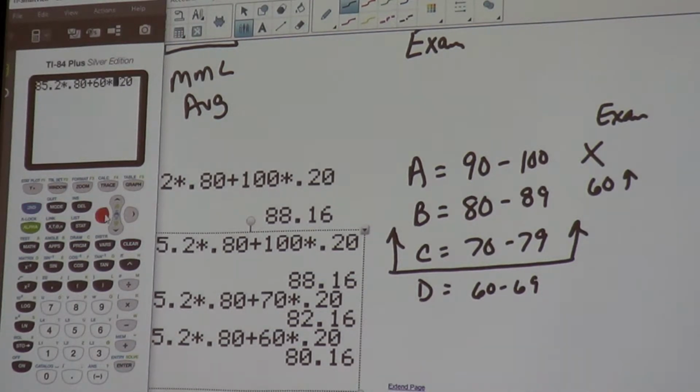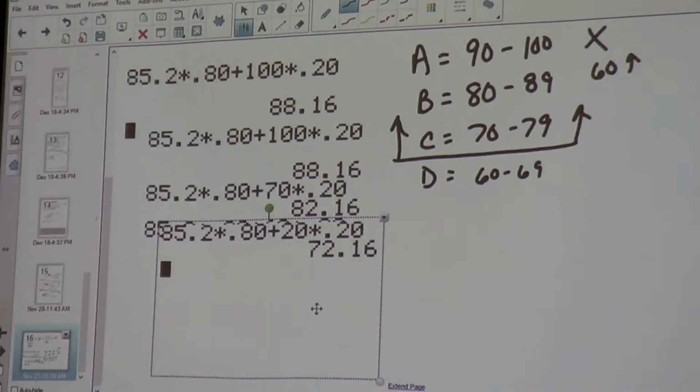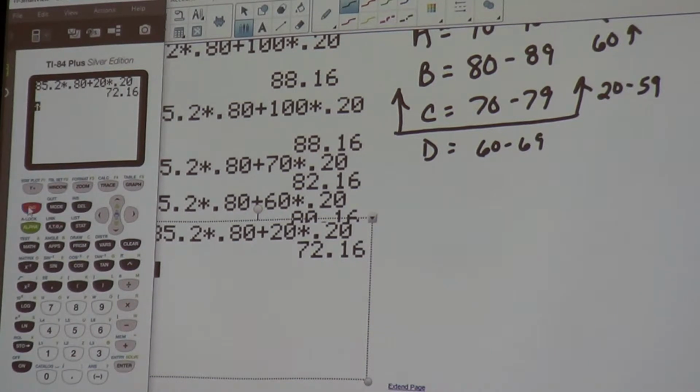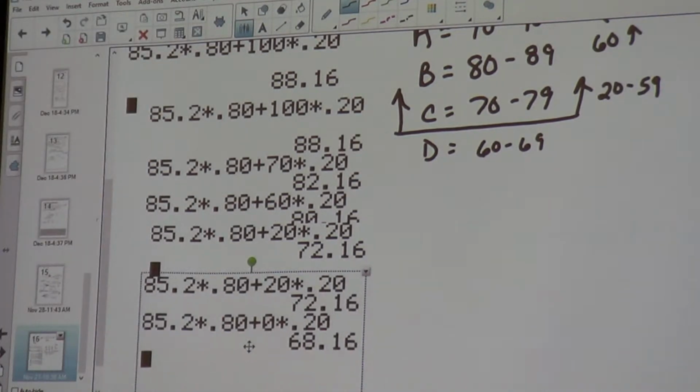If I back that thing up and make, let's say, a 20 to a 59, I still have a C. And if I make a D, which will probably count, let's say, 0 to a 19.